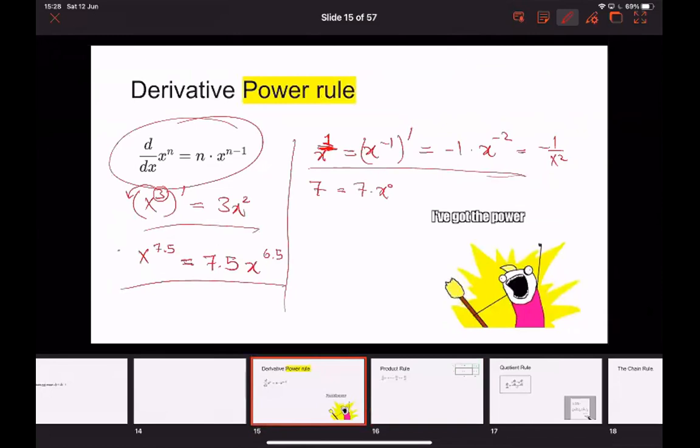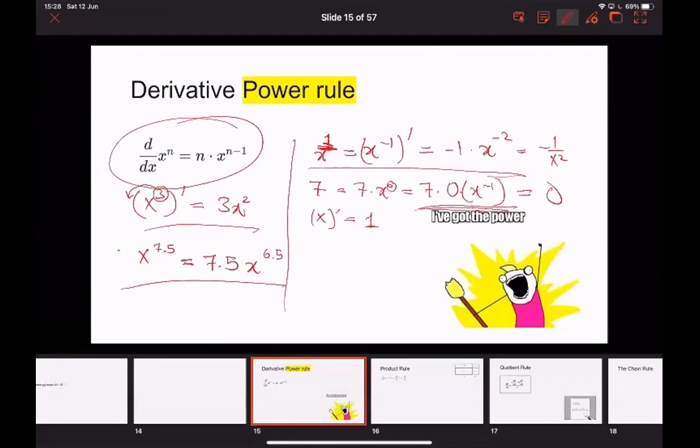If I use the power rule, 7 would be there, and the 0 would become the coefficient, so 0 times x to the power minus 1. Since you're multiplying by 0, the whole thing collapses to 0. That also means the derivative of a constant function is 0. And the derivative of x is 1.